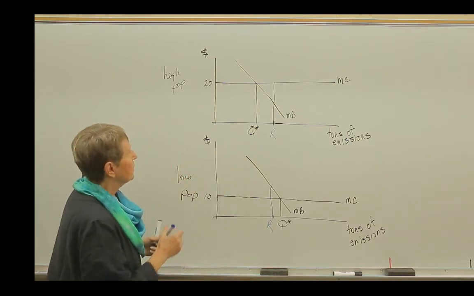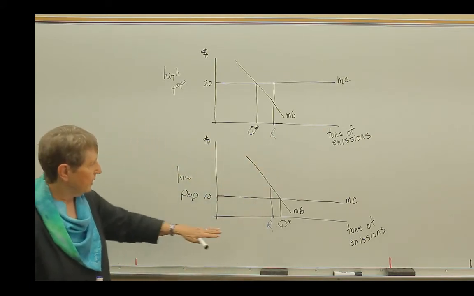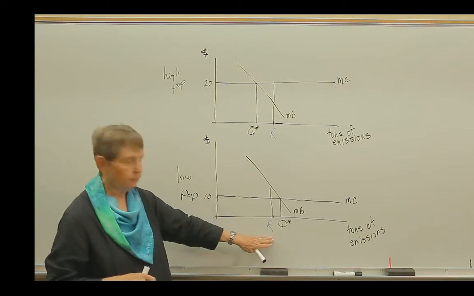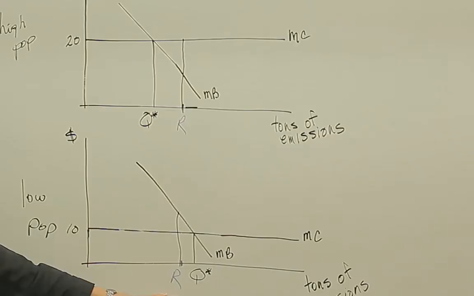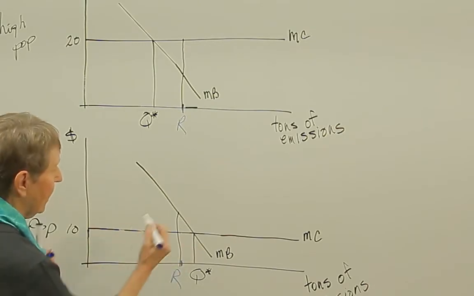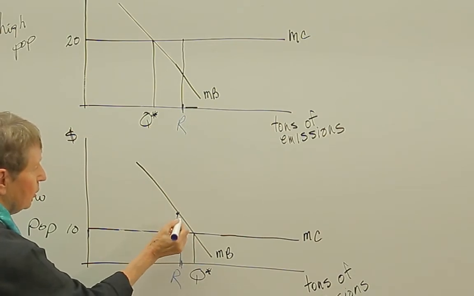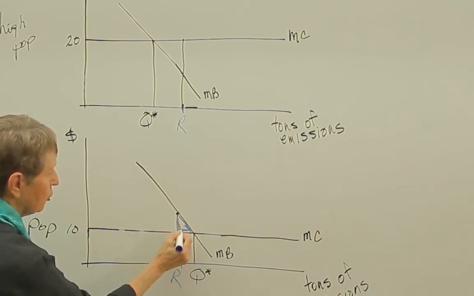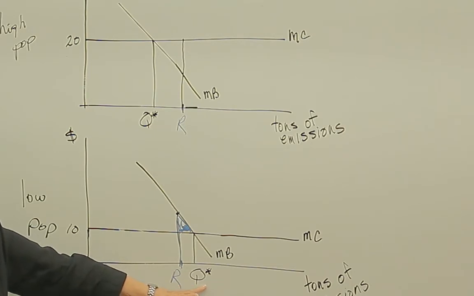And so what this one-size-fits-all has done is it has forced this low-cost area to cut back to this level right here, and in fact, here's benefits greater than costs that are going to be lost because we're not allowed to pollute to the efficient level of pollution.